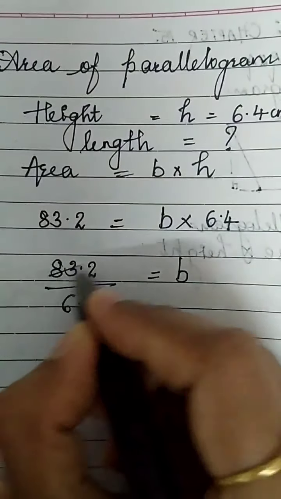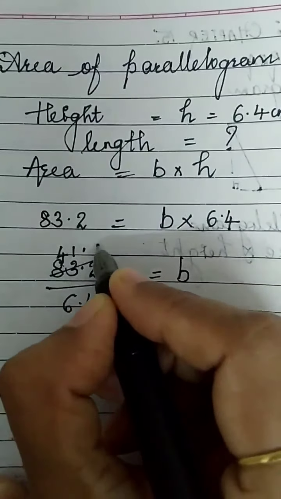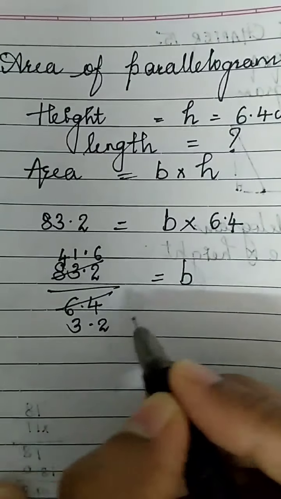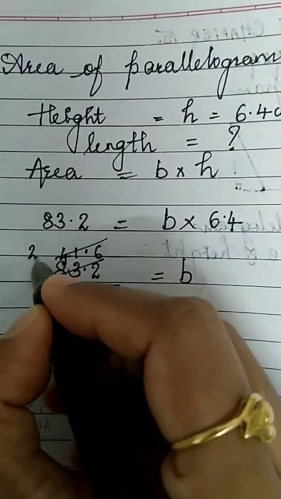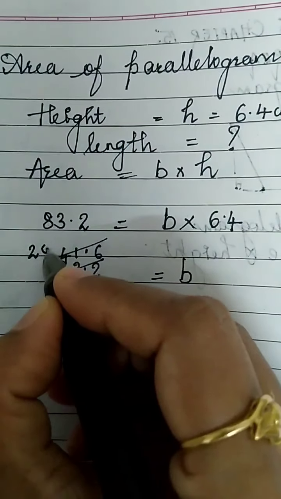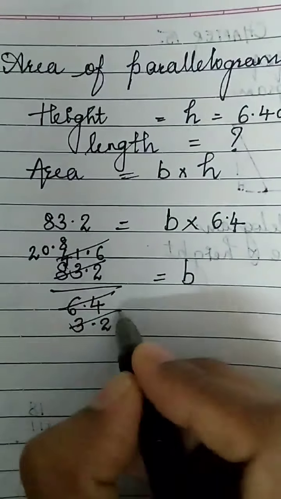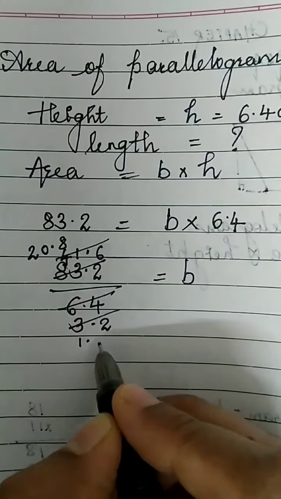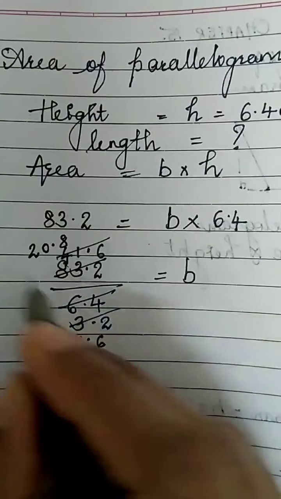Both the numbers will go in 2's table. 2 4s are 8, 2 1s are 2, and 2 6s are 12. 2 3s are 6, 2 2s are 4. Again this will go in 2's table. Now let us divide it further.